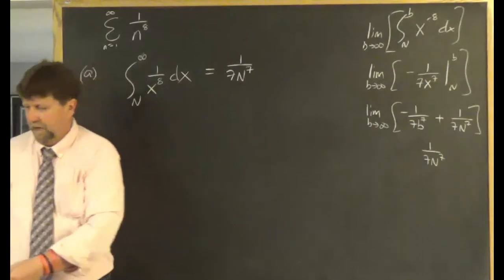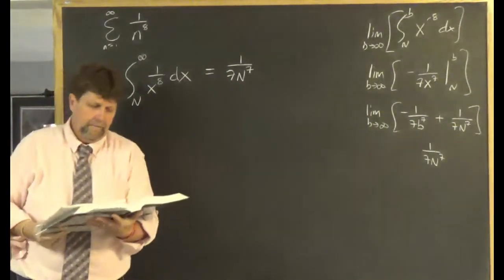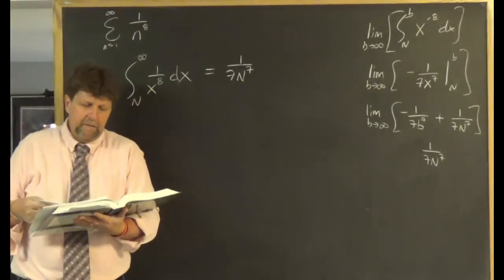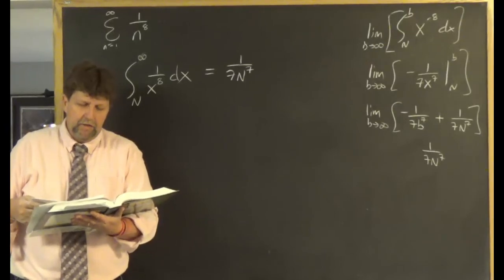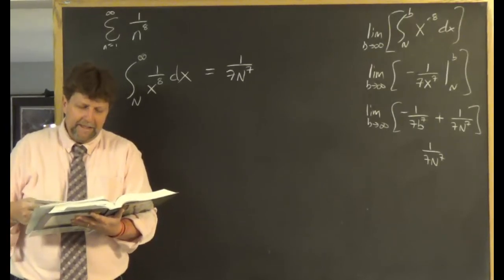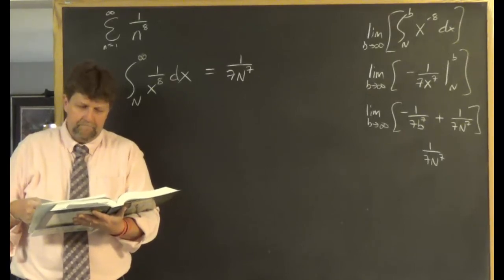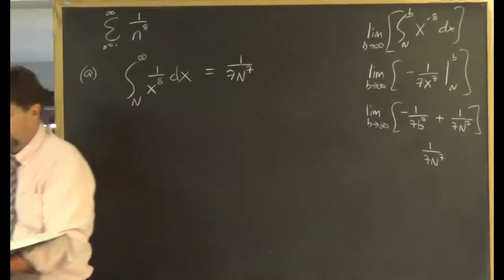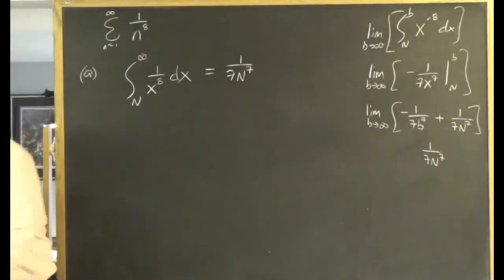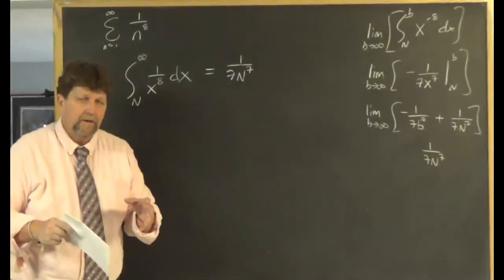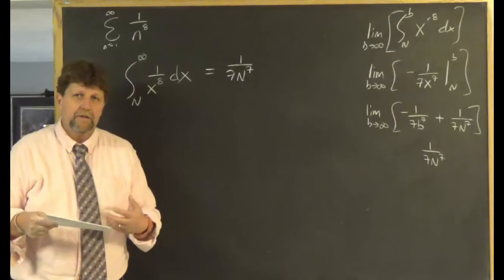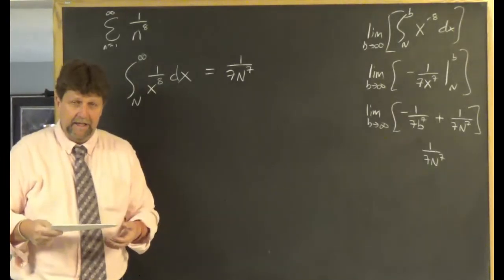Okay, now let me look at part B. Part B, find how many terms are needed to ensure that the remainder is less than 10 to the negative third power. How many terms do we have to add up to ensure that the remainder is less than 10 to the negative third power?